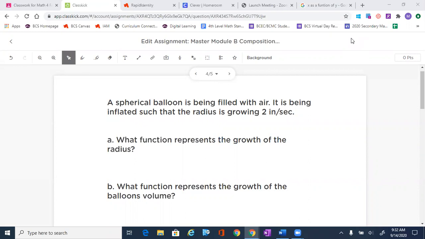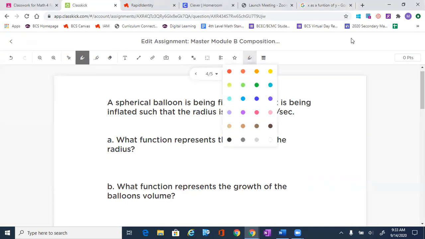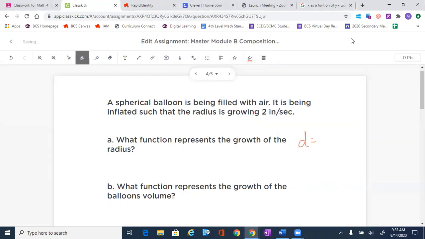Well, what we know is that the radius is growing at 2 inches per second. And we can go back to the original idea of distance equals rate times time. So distance equals rate times time.